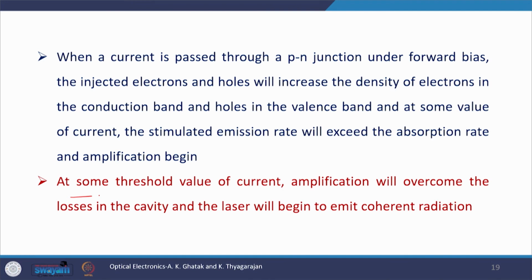At some threshold value of current this amplification happens, because if you increase the current, it will result in a larger rate of stimulated emission, and more photons would be emitted, but these photons would be lost in compensating the loss of the system.